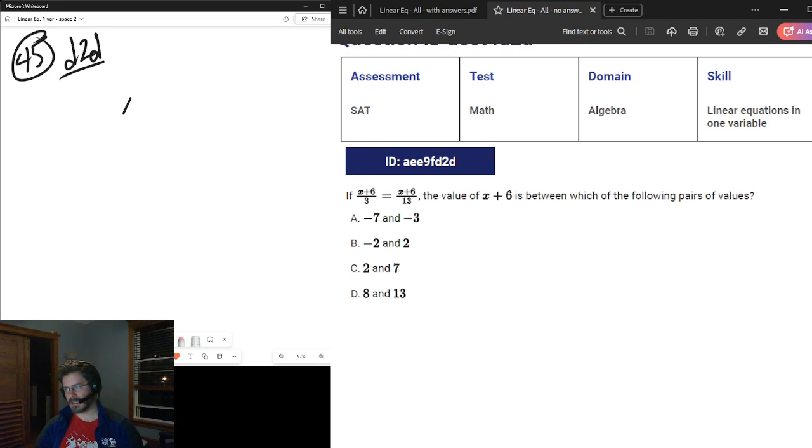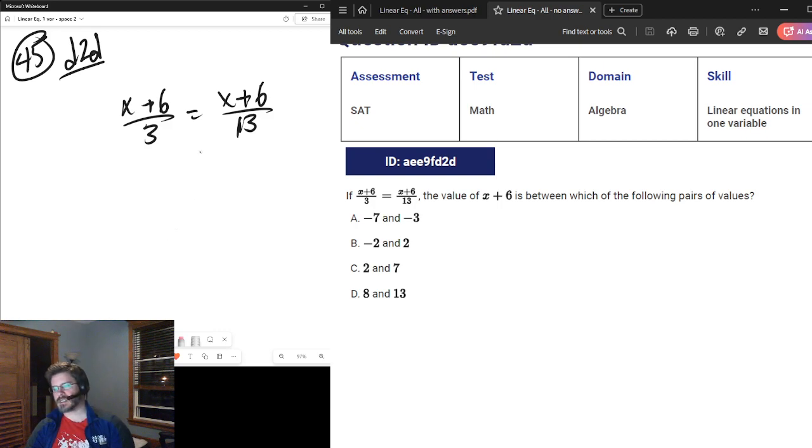We've got x plus 6 over 3, and that's equal to x plus 6 over 13. That's kind of weird. That feels like it should be a contradiction, but apparently it's not. So how are we going to solve this?